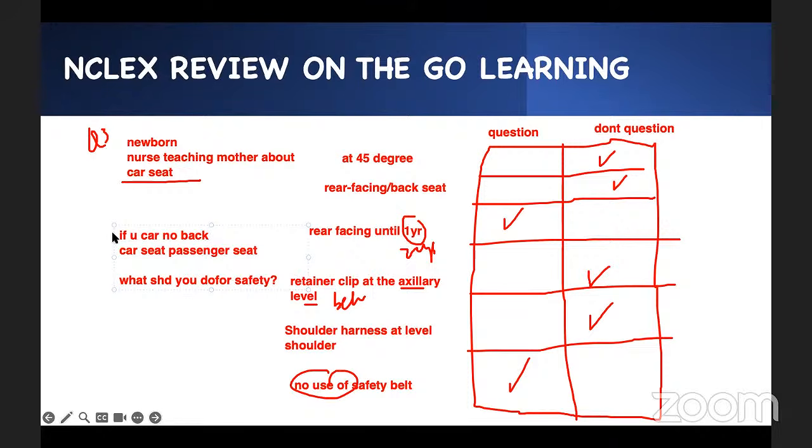What should you do? What is the most important thing, your priority for that situation? Deactivate the airbag. That is your priority. Otherwise, the kid is going to get into trouble. Since there is no back seat and the kid is in front, you need to deactivate the airbag. I'll give you a lecture on car seats for the newborn right away.